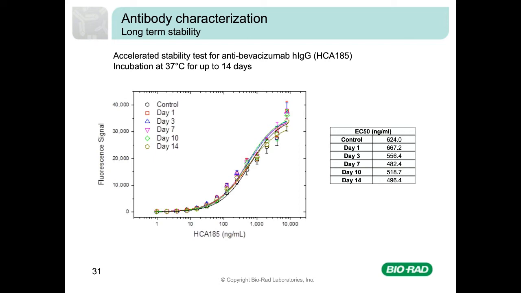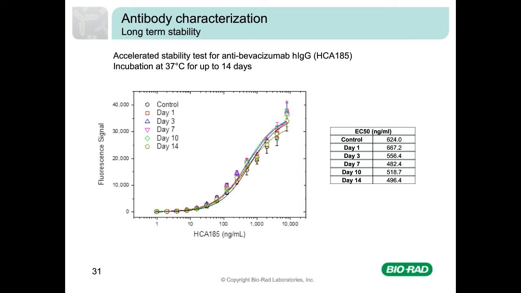Freshly thawed human anti-bevacizumab human IgG1 was diluted to 1 mg per milliliter, aliquoted and placed at 37 degrees. Aliquots were removed from 37 degrees at every time point and placed at 4 degrees C along with the control. The activity of the samples was measured in a titration ELISA on coated bevacizumab. Even after 14 days at 37 degrees, there is only a slight decrease in activity, indicating very good long-term stability.